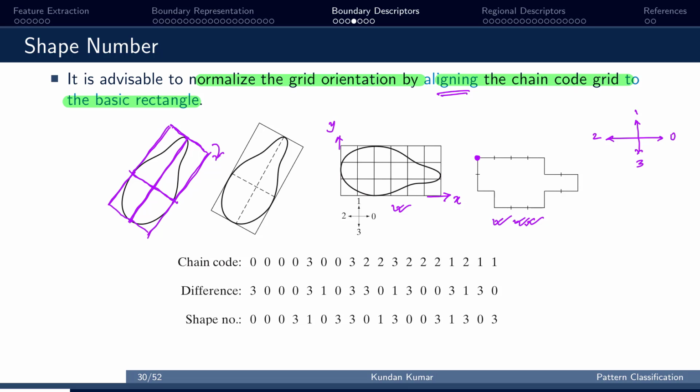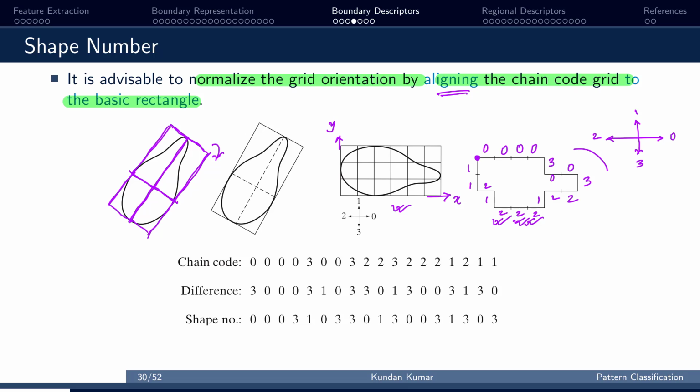then we can write 0 0 0 0 3 0 0 3 2 2 1 2 2 2 1 2 1 1.